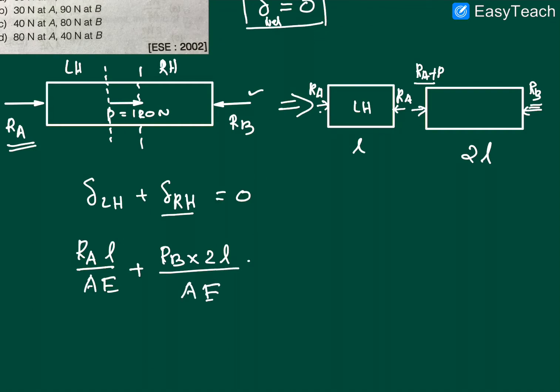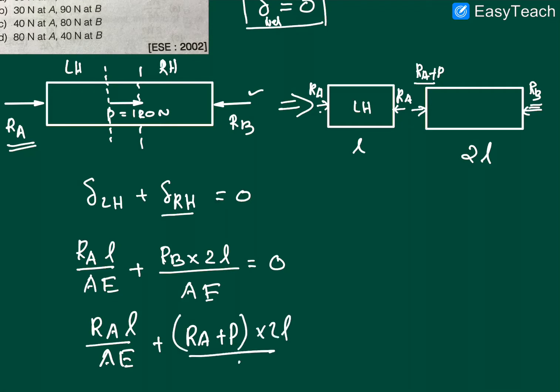The length of that section is 2L, equal to 0. So I can replace with RaL by AE plus Rb, which can be replaced with Ra plus P from the equilibrium equation, into 2L divided by AE.